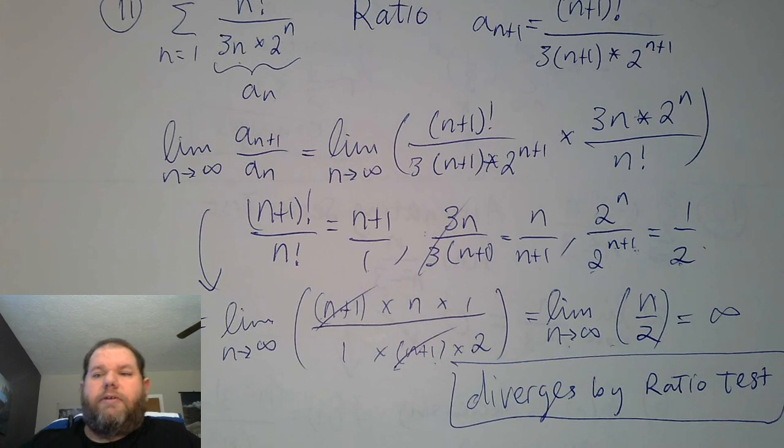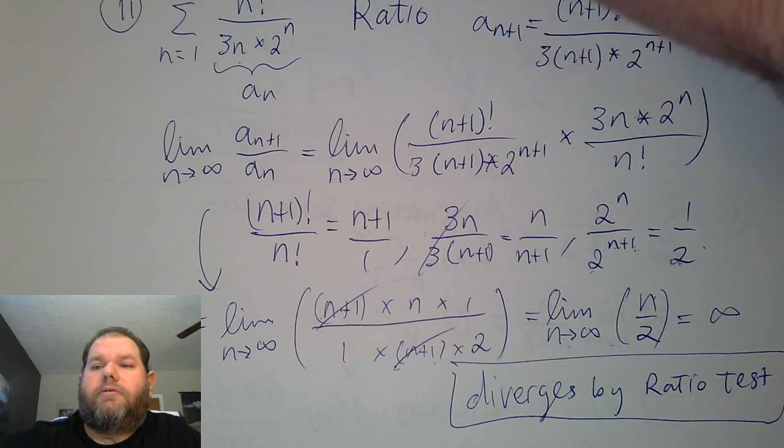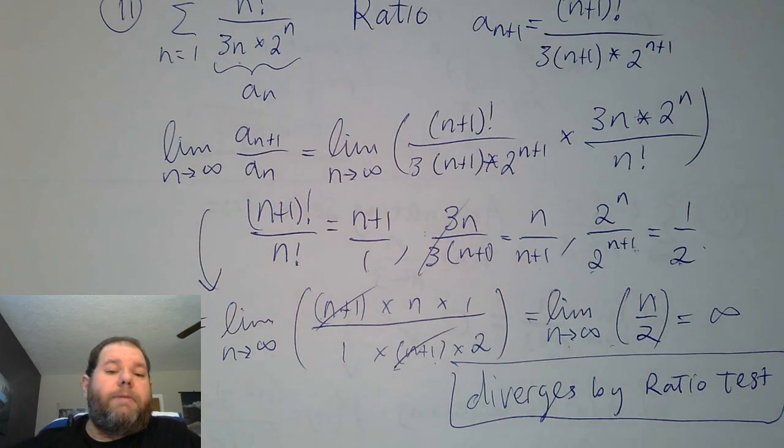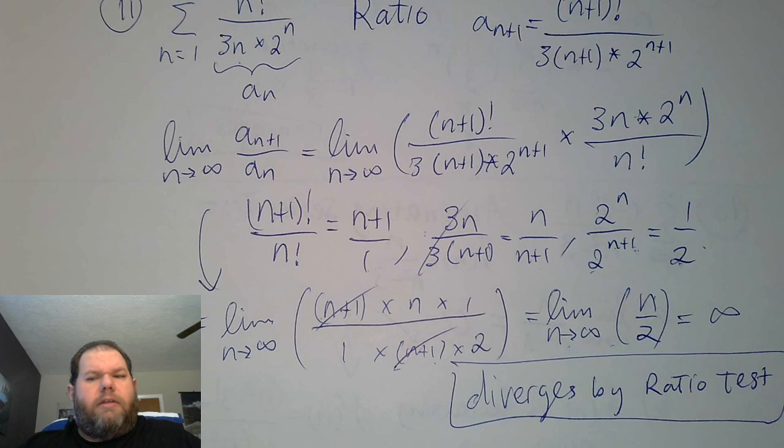Did we look at anything else? Oh, we had our p-series also, but p-series is pretty straightforward, because we end up with 1 over n to the p power. So anytime we have n raised to a power, that's a p-series test.